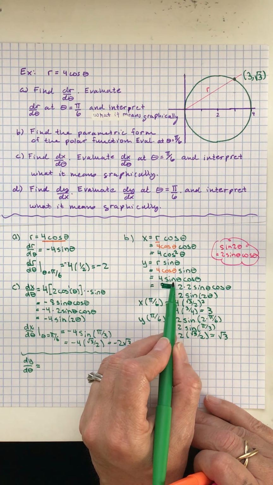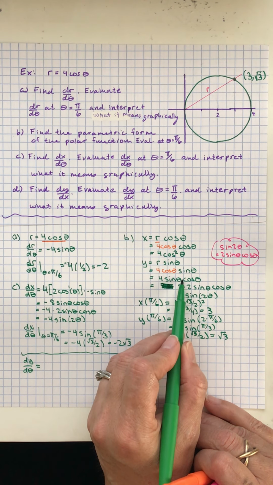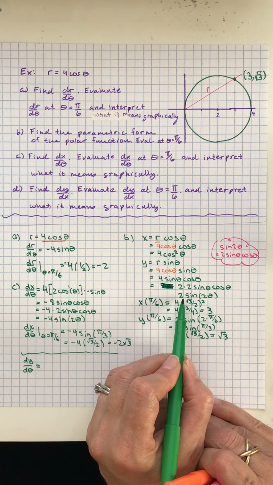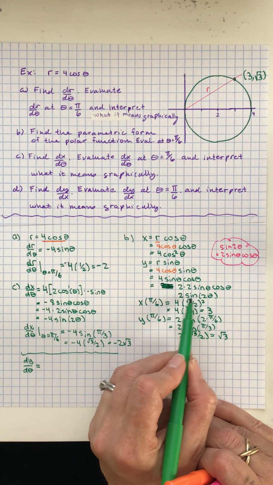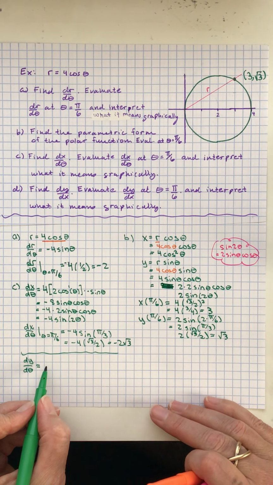If you left it in this form, 4 sine theta cosine theta, then you would need to use the product rule. And if you use this trig identity, when you go to find dy/d theta, now you just need the chain rule. So I think it's a little easier with the chain rule, but you could definitely use the product rule if you prefer.